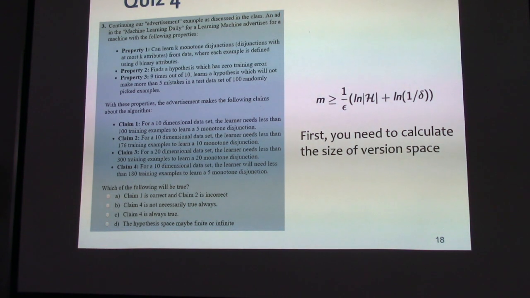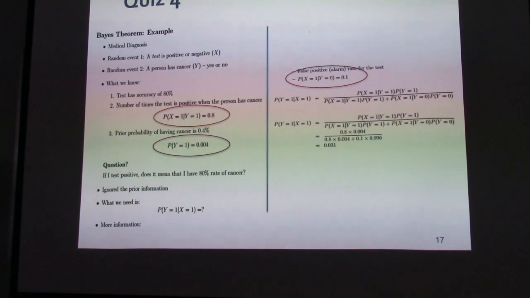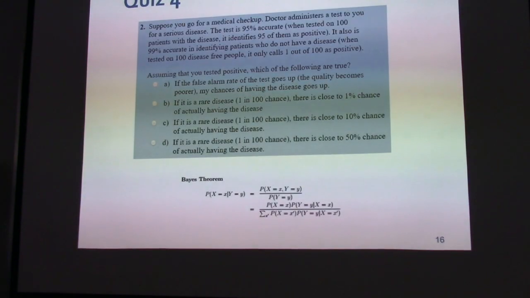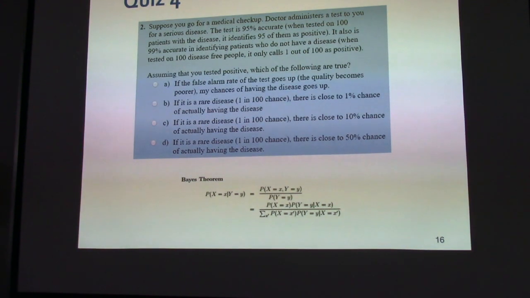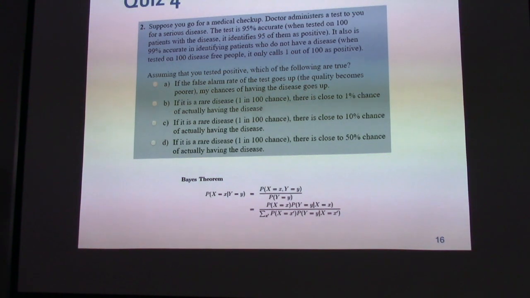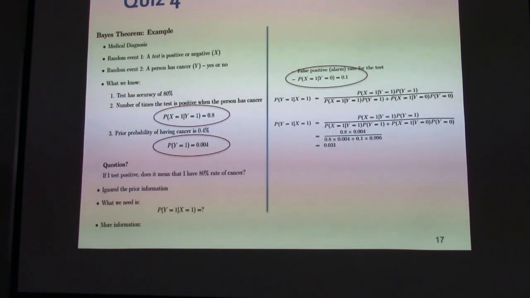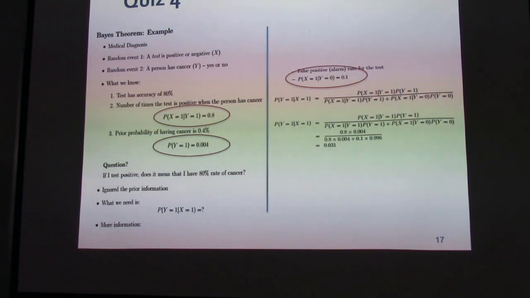Any question about this? For this kind of questions, I think you need to know which value is the prior probability and which is the false alarm.